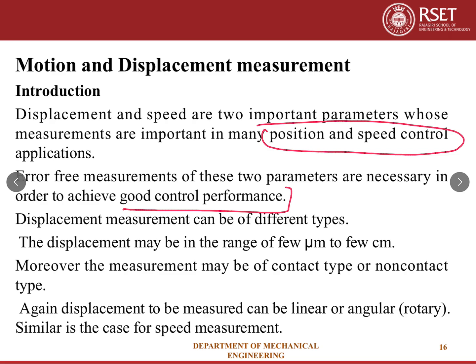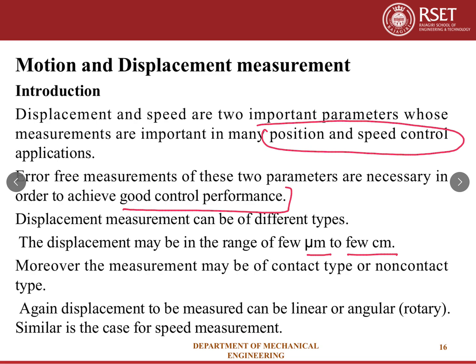So displacement measurement can be of different types. There are different types of displacement measurements, with the help of LVDT, with the help of a potentiometer, etc. Displacement may be in the range of a few microns, that is the micrometer range, to the centimeter range. Moreover, the measurement may be of contact type or non-contact type.